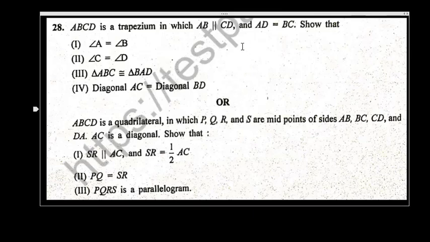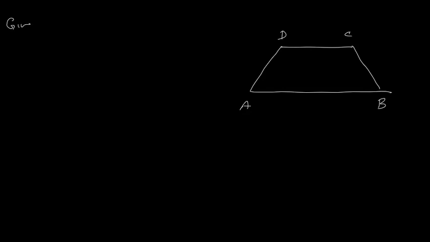First, ABCD. So ABCD is a trapezium, with vertices A, B, C and D. Now what is given? We are given that AB is parallel to CD.